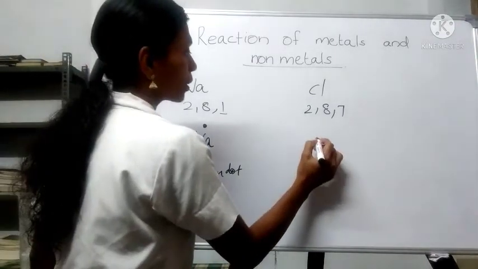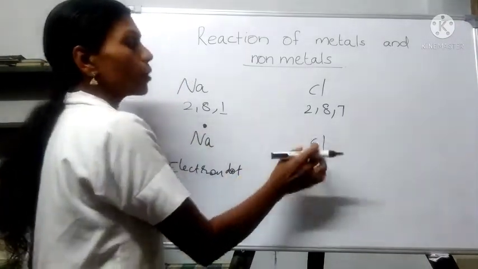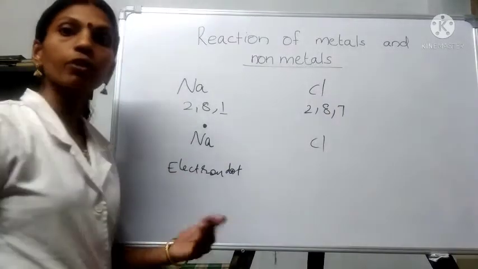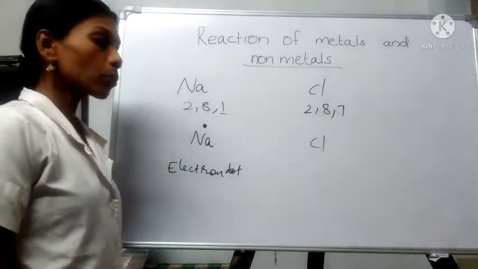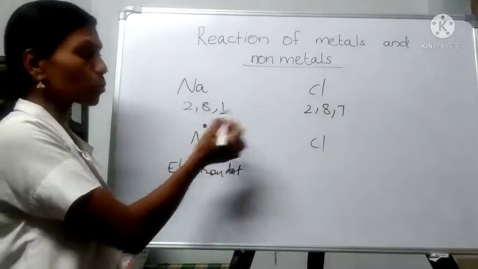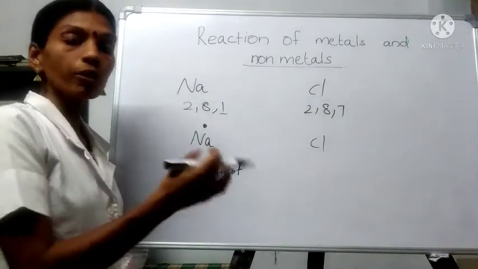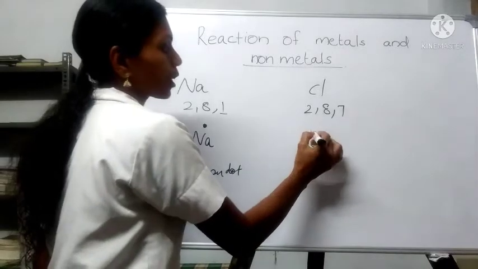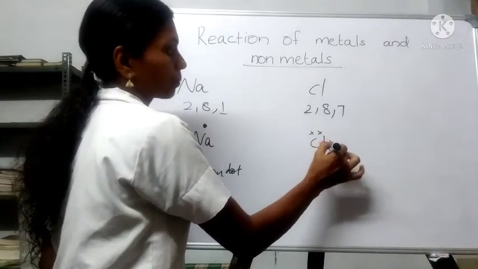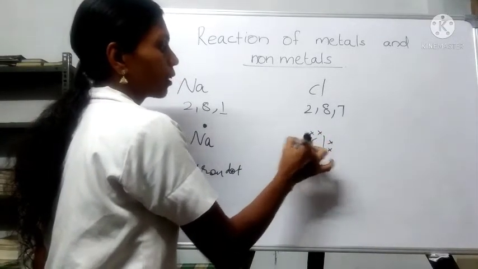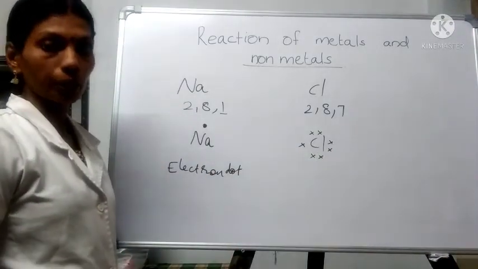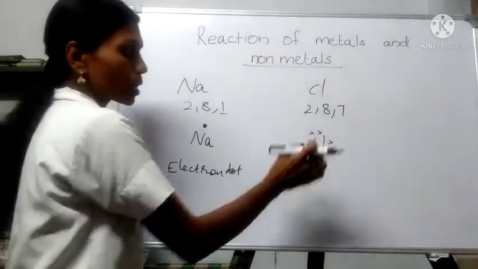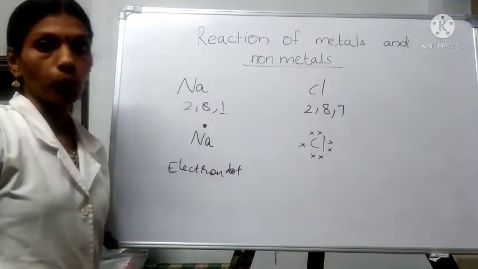So first we can write the symbol of chlorine, and to show the 7 electrons, either we can use 7 dots or we can use 7 crosses. Okay. So in order to distinguish between the electron of sodium and electrons of chlorine, we can represent the electrons of chlorine as crosses. 7 electrons that we can represent as crosses. Got that? This is known as the electron dot structure of chlorine.